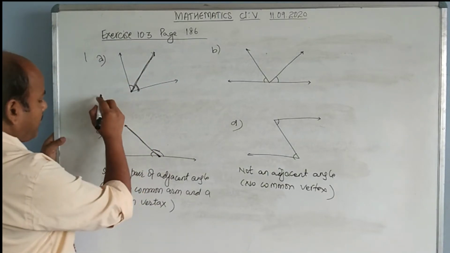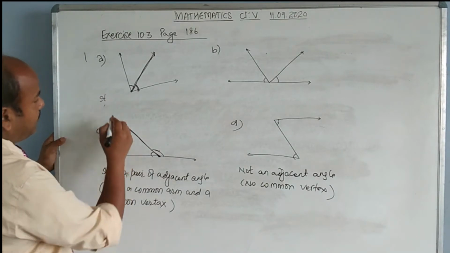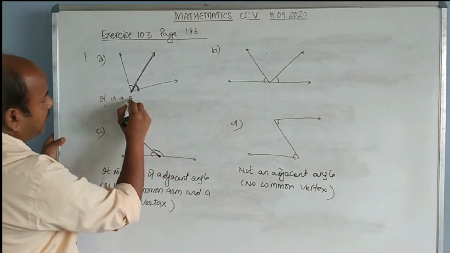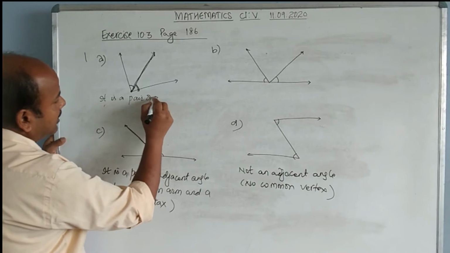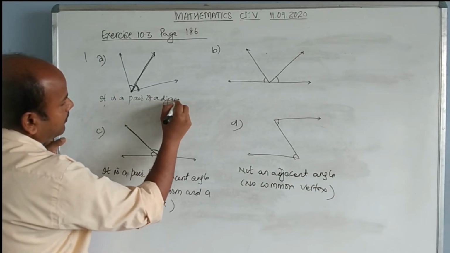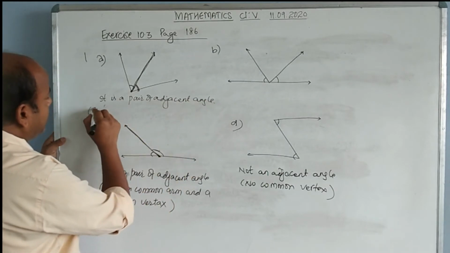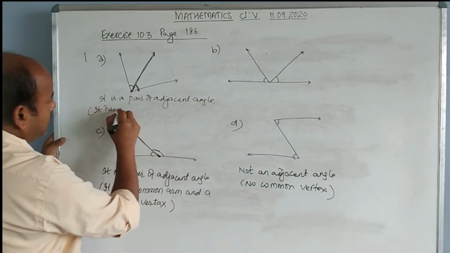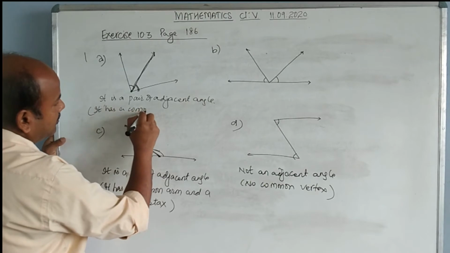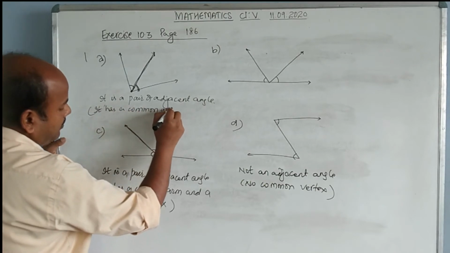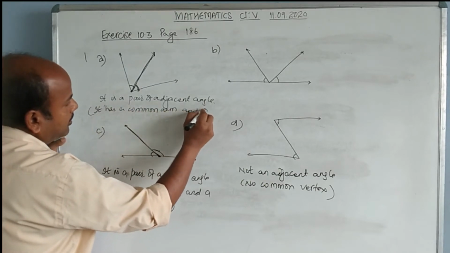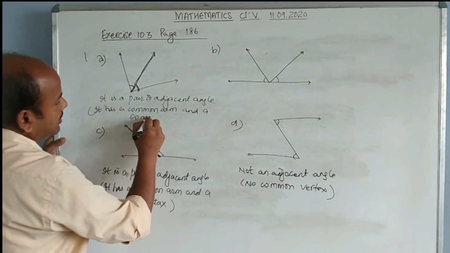It is a pair of adjacent angles, and in brackets you can write: it has a common arm and a common vertex.